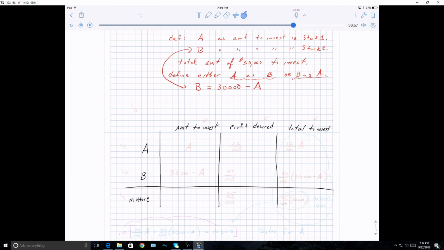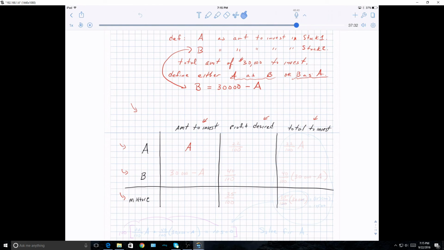All I did was set up the table here, with the two different components that we're going to mix, the amount to invest, the desired profit, and the total that we're going to invest entirely at the desired profits. So all we have to do now is place in the table where our variables should go. In this case, we said A is basically A.